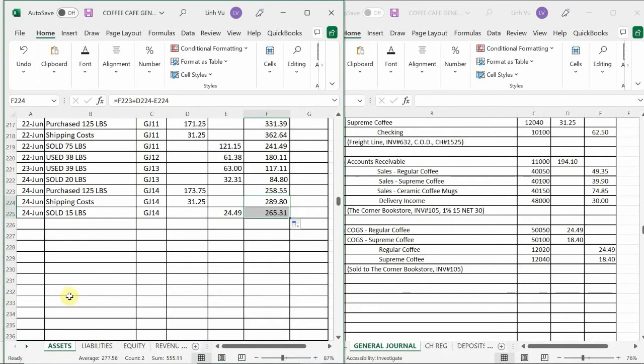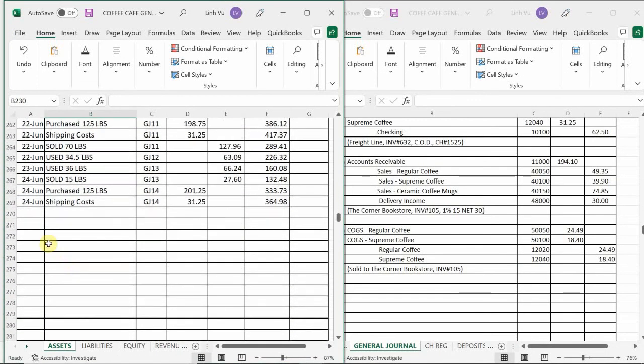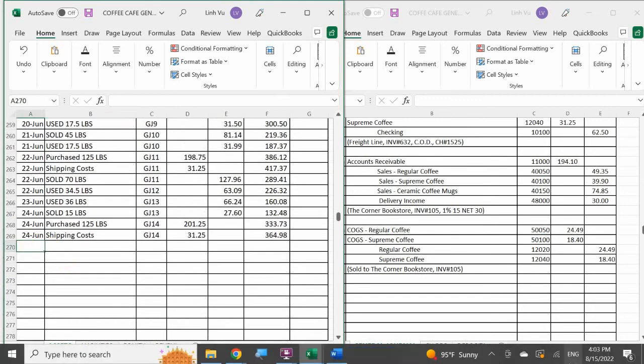And then same as inventory. And for Supreme Coffee, we sold the 10 pounds on page 14, $18.40.